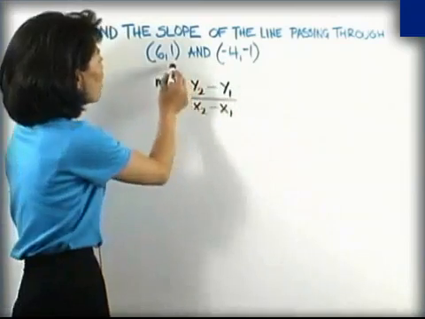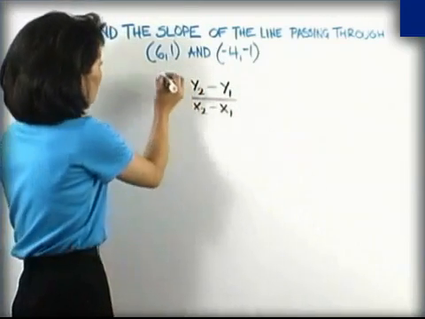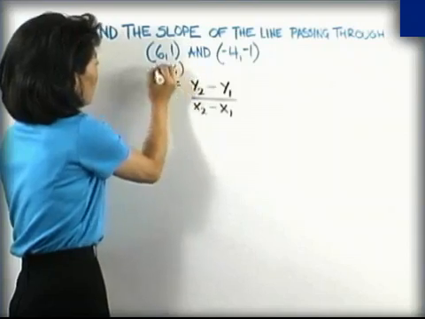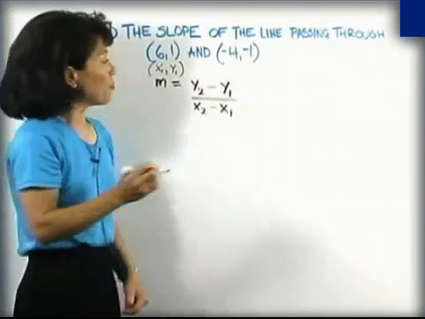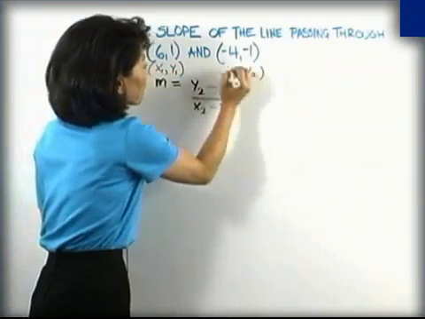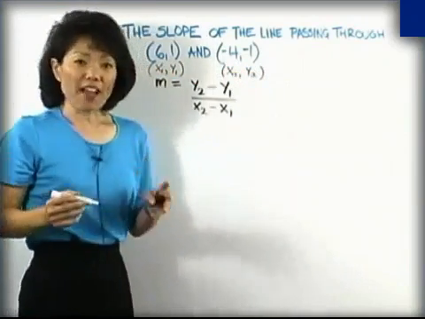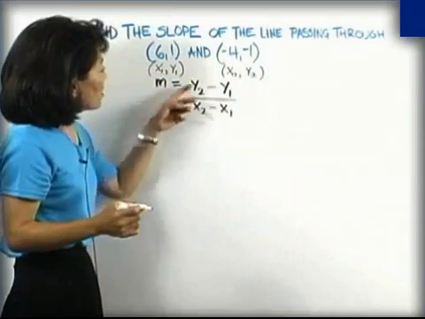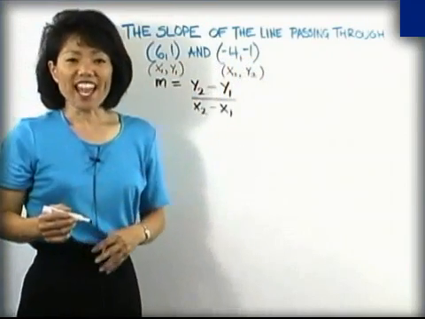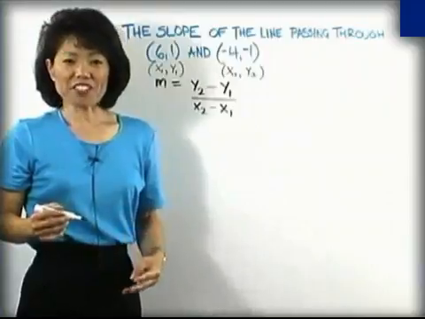So since this one here is to the left, we'll just call this first ordered pair x1, y1, and we'll call our second ordered pair x2, y2. Now that we have that done, all we then do is take the numbers and substitute them into our equation, and we'll be able to calculate the slope.